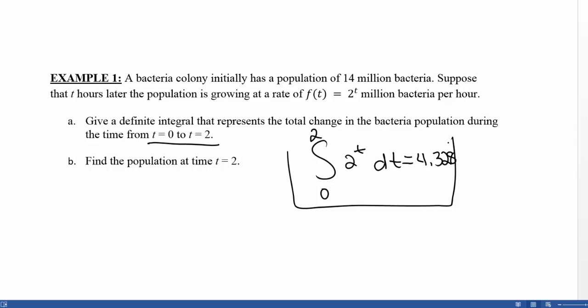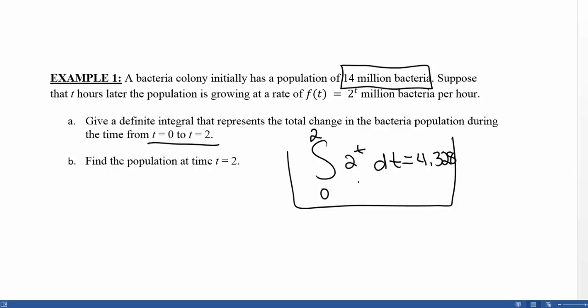However, if I go back to my original problem, I see that I initially had 14 million bacteria. So that means if I had 14 million bacteria and then I changed by 4.328 million bacteria, then I can add those together to find out my population at time equals 2.